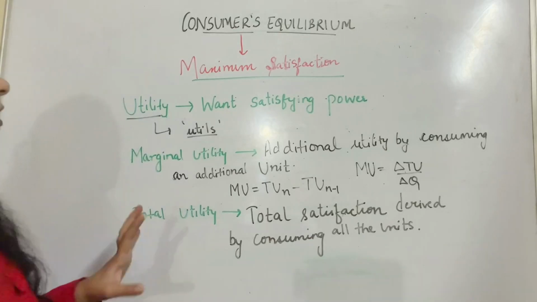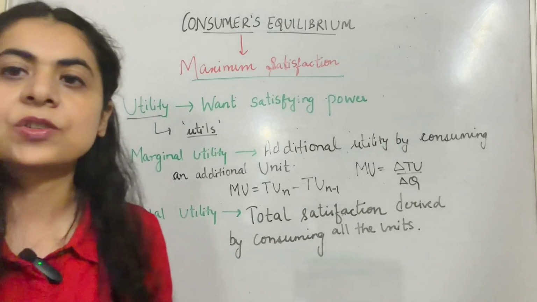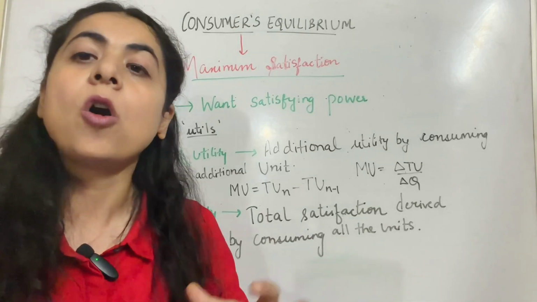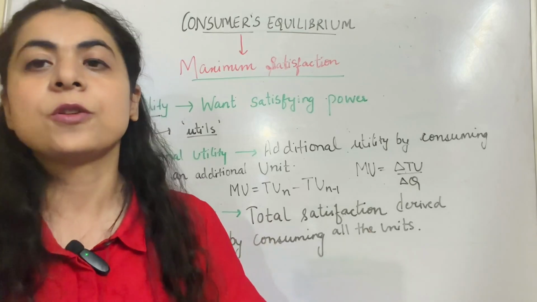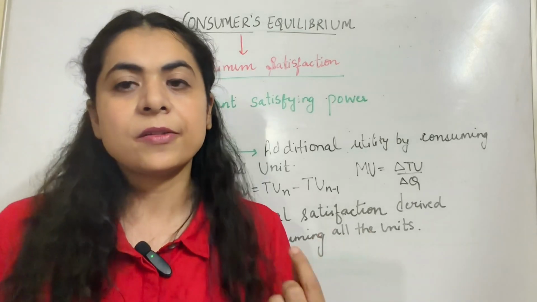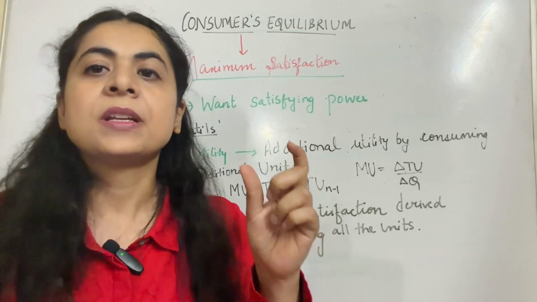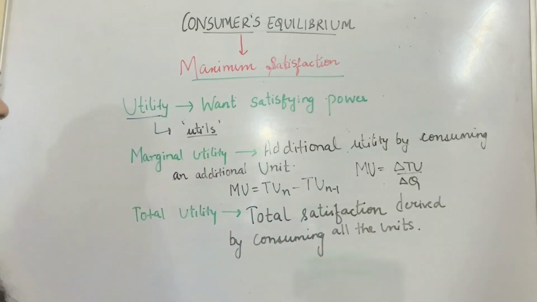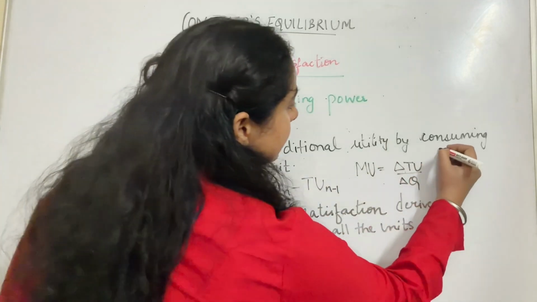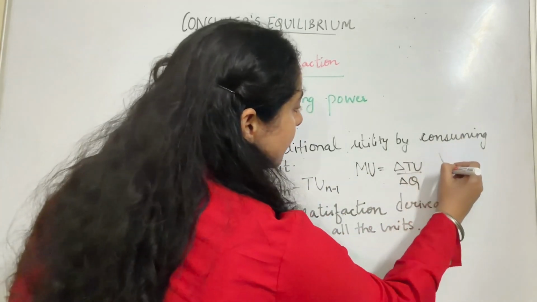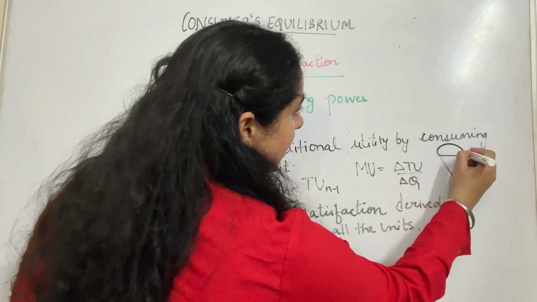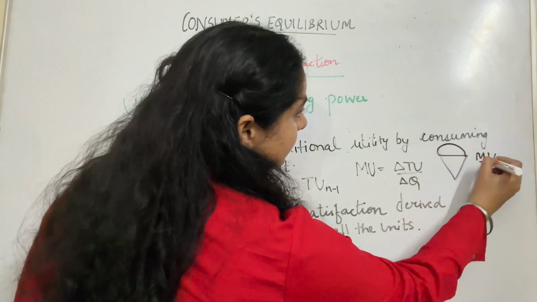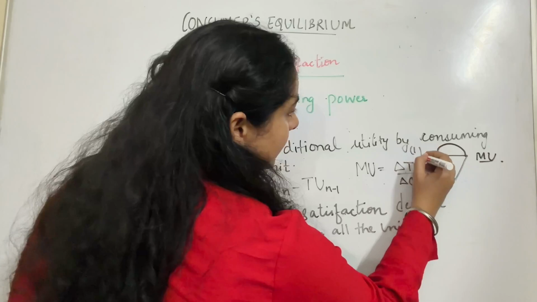Next, we have total utility, that is the total satisfaction that is derived by consuming all the units of this particular good or service. For example, if I consume 1 unit of ice cream, the utility that I will derive from that 1 unit of ice cream is basically the marginal utility from this single unit.